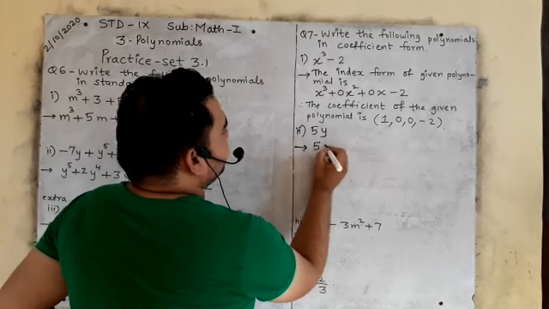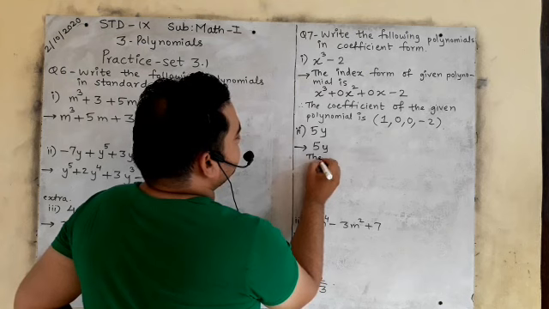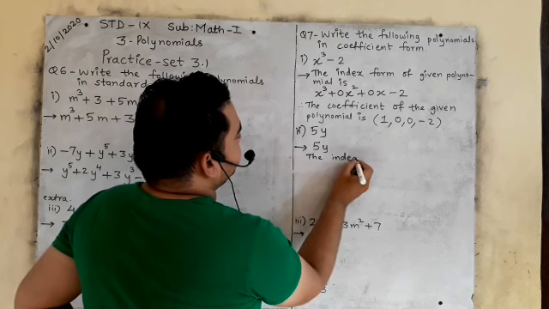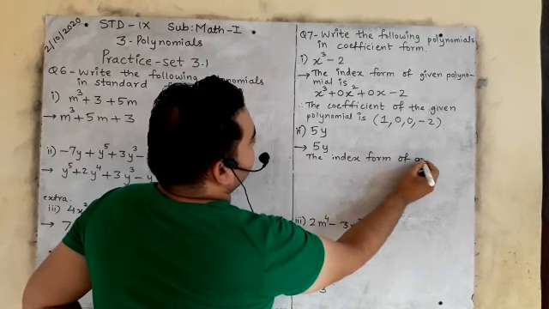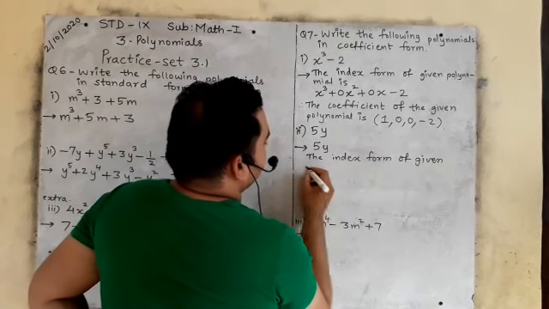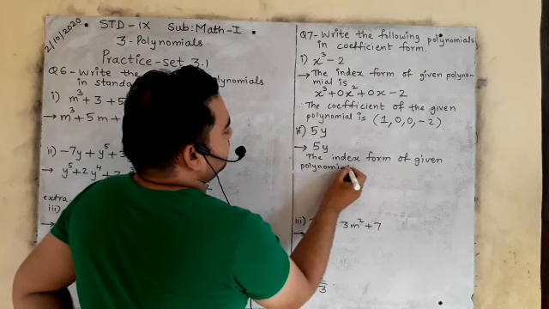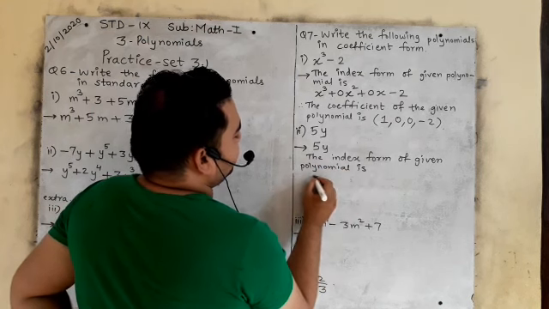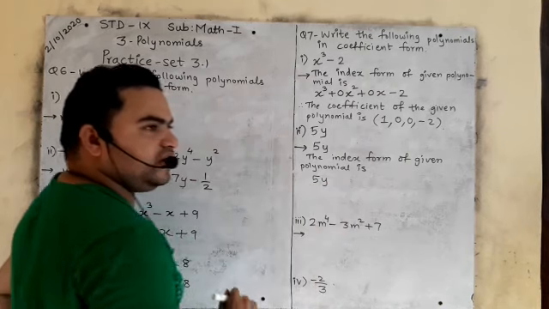So we will write 5y. The index form of the given polynomial is 5y raised to 1, but we want y raised to 0 at last, right?